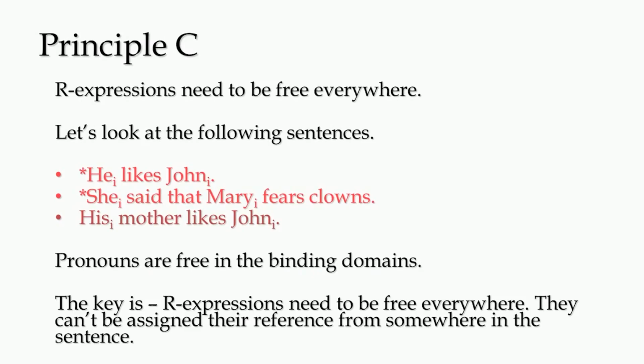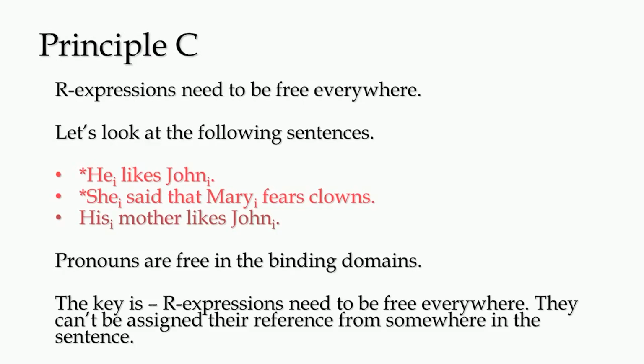For elements like R-expressions, we need to say something else, and what happens is, look at the three sentences that you have on your screen. "He likes John." The sentence is ungrammatical because he and John are co-indexed. "She said that Mary fears clowns."